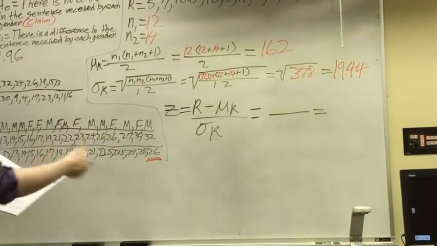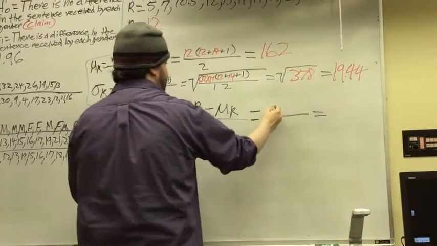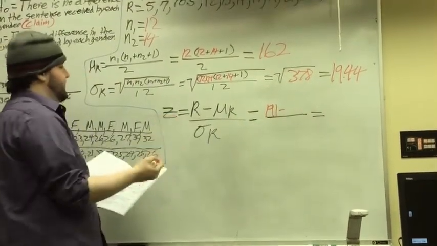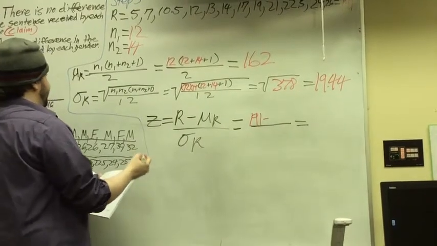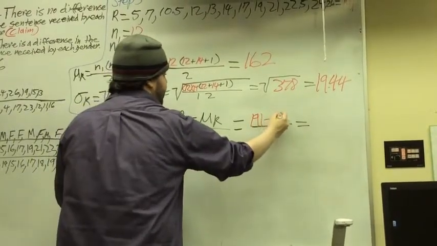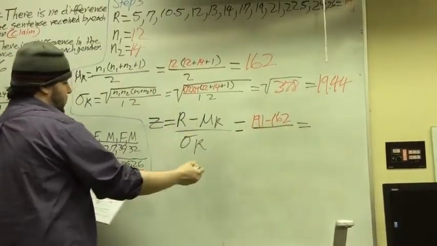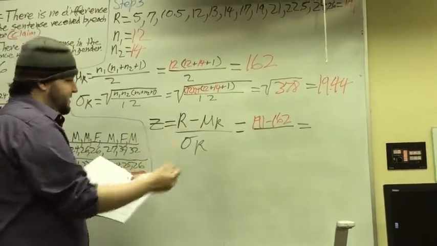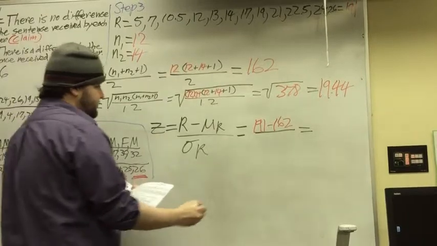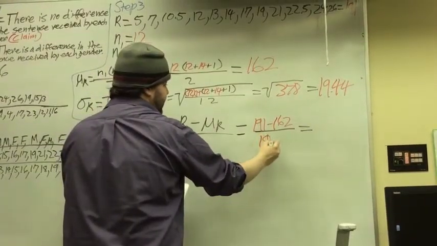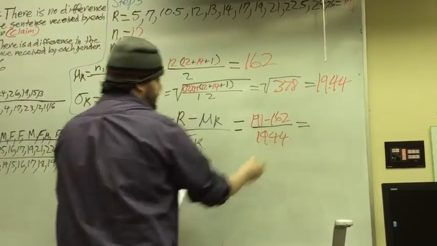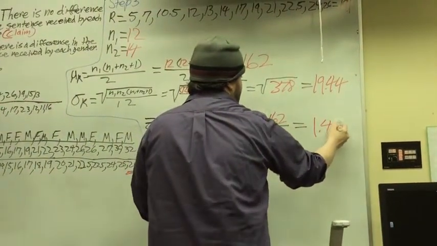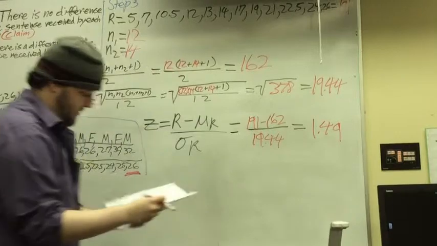And then we have to fill in everything for z. To find z, R minus mu sub r, which is 191 minus 162, quantity divided by sigma sub r, which again is the square root that we found a minute ago, 19.44, and we get z equals 1.49.